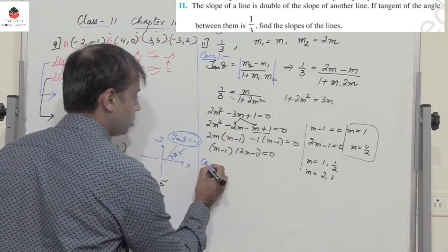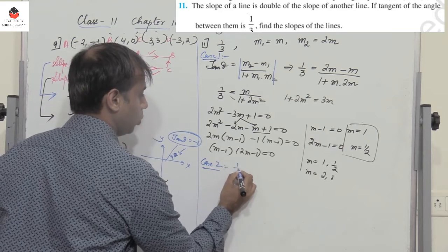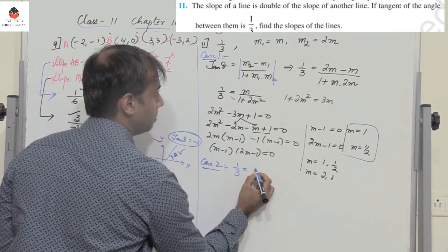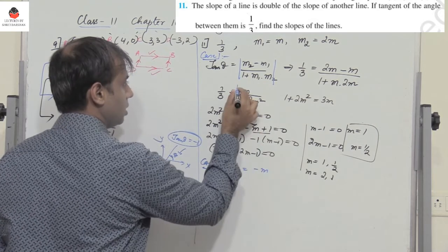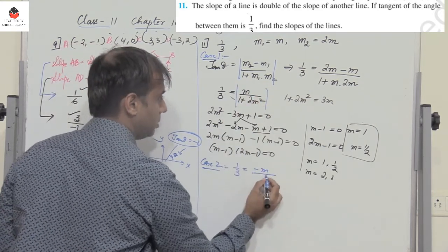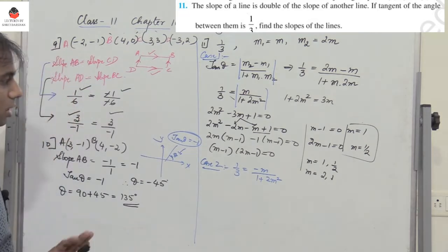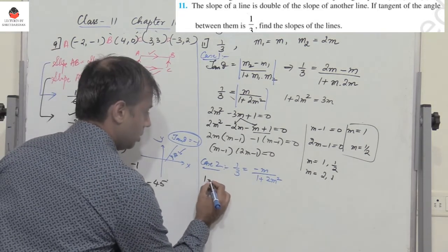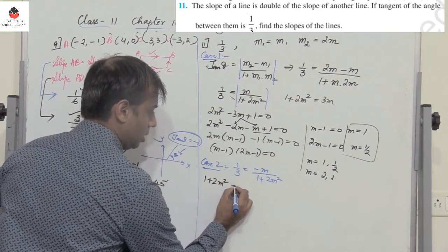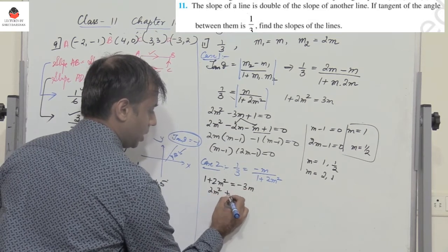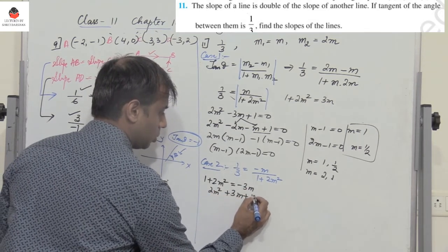So for case 2, I have 1 by 3 equals -m divided by (1 + 2m squared). Cross multiply: 1 + 2m squared equals -3m, or 2m squared + 3m + 1 = 0.